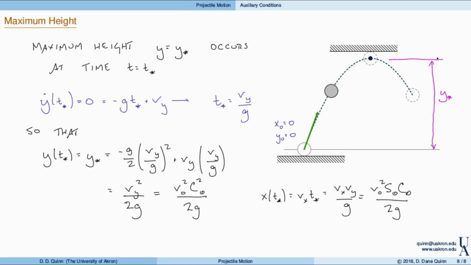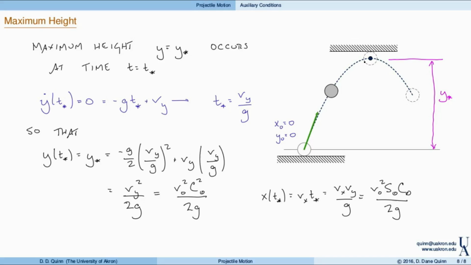So if we have information about the maximum height, we can use that to find the initial speed in the j direction. And we can also find the horizontal displacement of the ball at that point. Again, these are auxiliary conditions so that we know something about the future behavior of the particle after it is released. And we can use that information to find the right initial conditions that give rise to the desired motion.